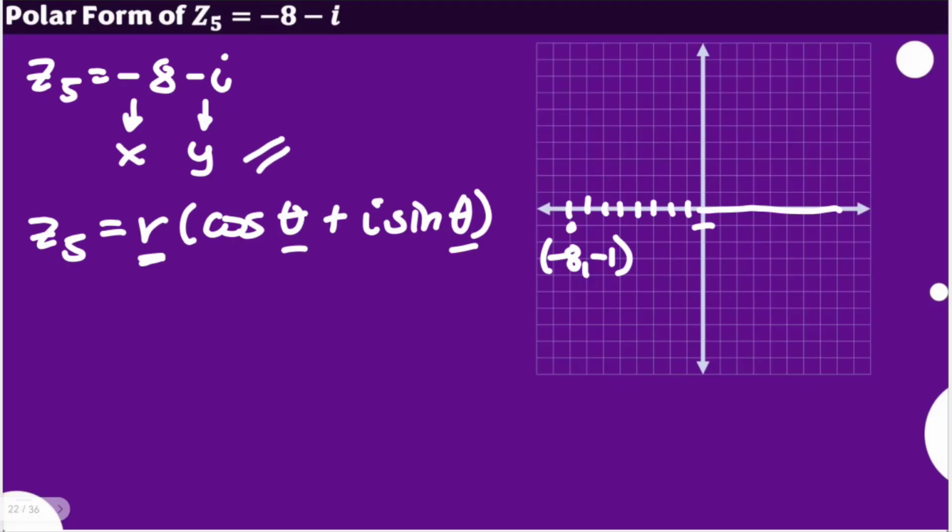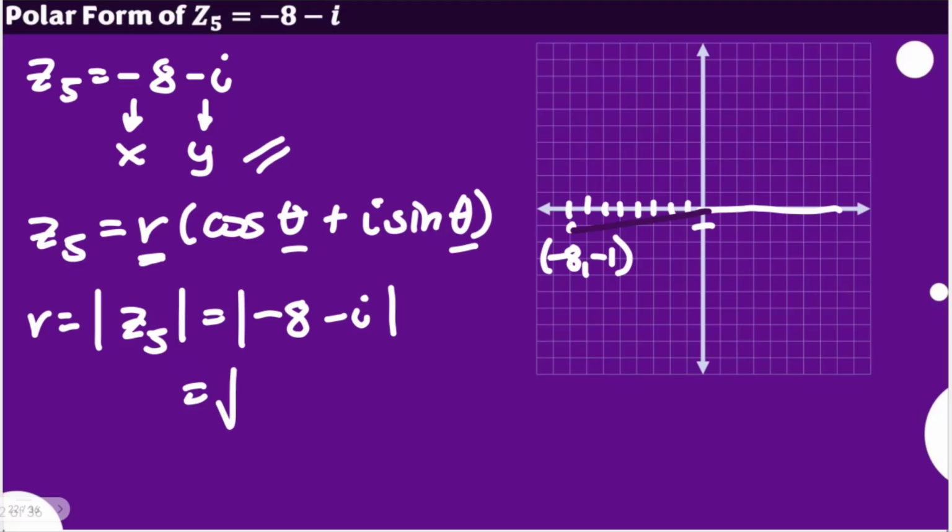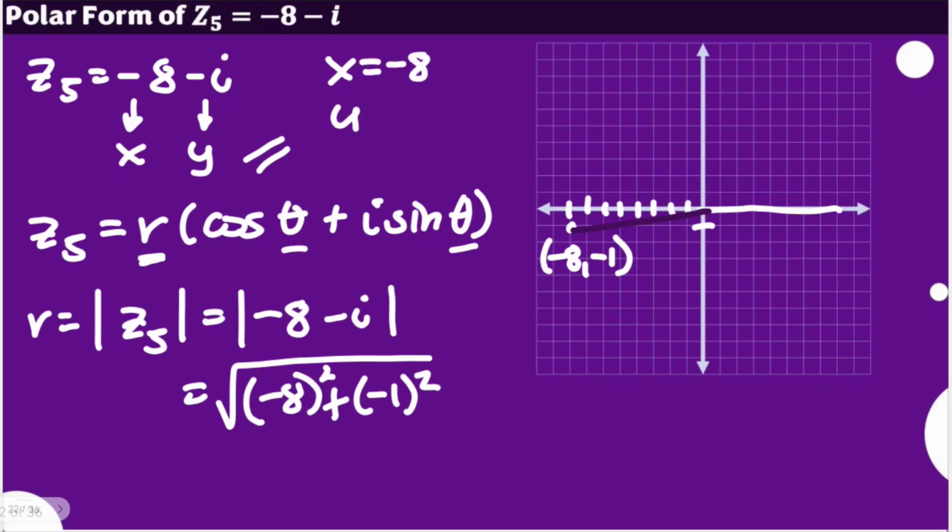So the first thing we need to do is identify the length, or the modulus, of that. We are going to use the formula for r, which is equal to the modulus of z sub 5, which is the square root of the sum of the squares of the coefficients: negative 8 squared plus negative 1 squared, because our x is negative 8 and our y is negative 1.